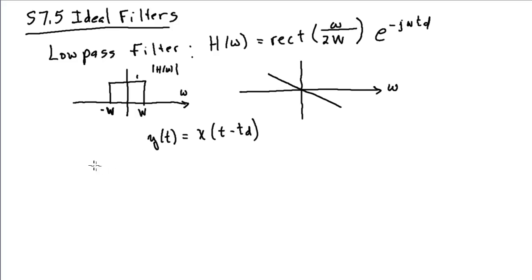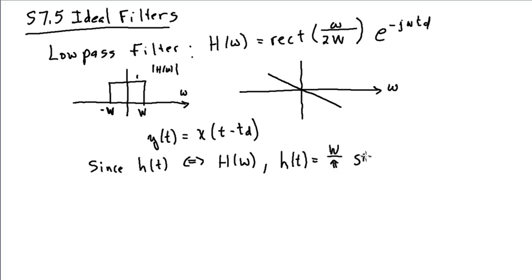We also know that since h of t, the impulse response of our filter, is the inverse Fourier transform of our frequency response, we can take the inverse Fourier transform and get the following expression: h of t is equal to W over pi times the sinc of W times (t minus our delay).